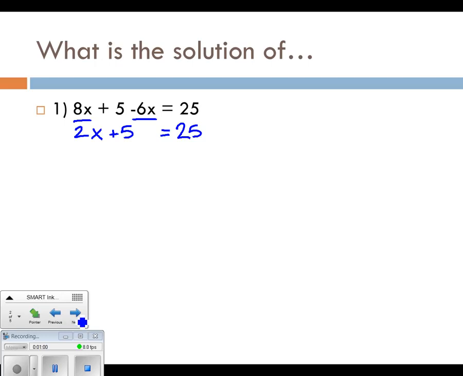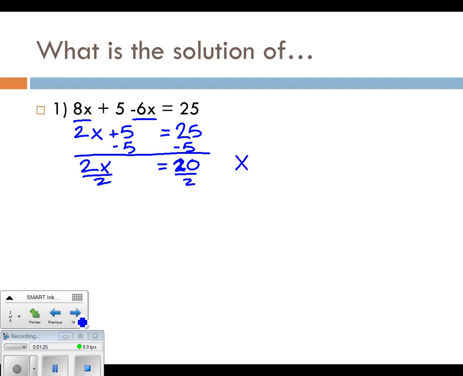And then from here, to get the x isolated, we're going to subtract 5 on both sides. So we have 20 here is the same as 2x. And then divide both sides by 2.